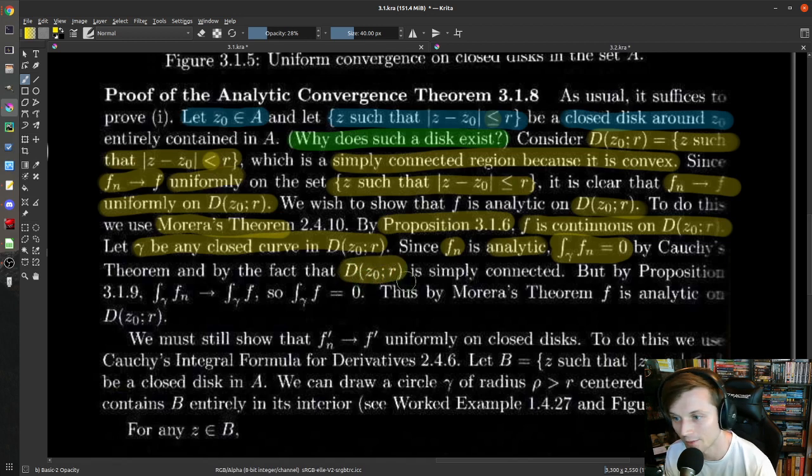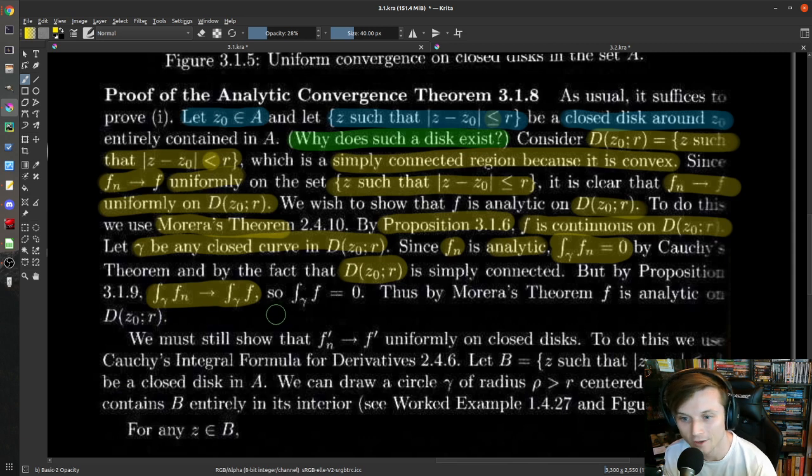Okay, cool. Simple. So by proposition 3.1.9, which we just went through and proved a second ago, these converge to F. So the sequence of contour integrals converges to the contour integral of the limit of that sequence.